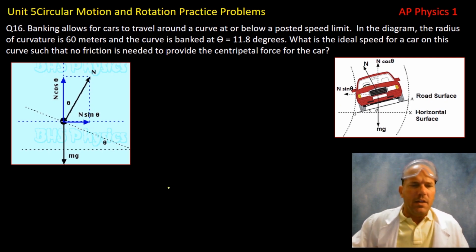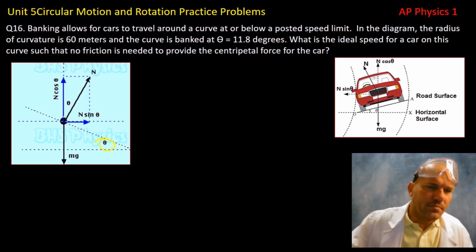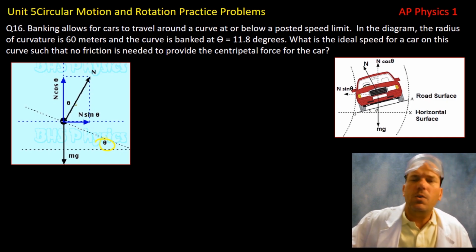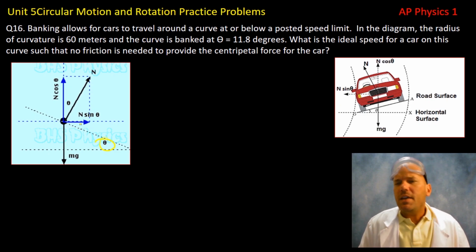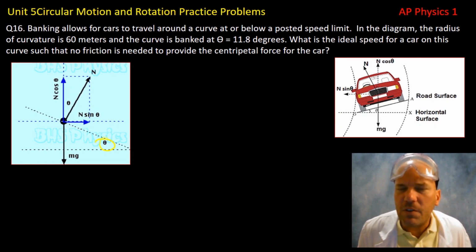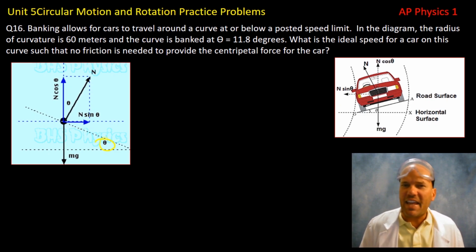So we have our theta, which we're told about here. We have a free body diagram, and we're showing force normal. Force normal, whether you're using the diagram on the left or right, is always perpendicular to the surface, but the surface is at an inclination.